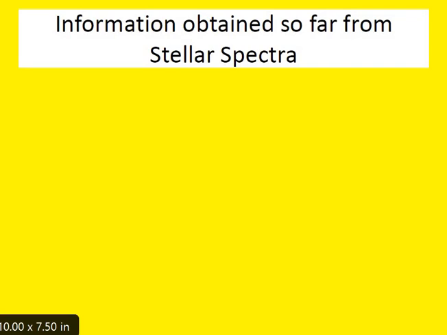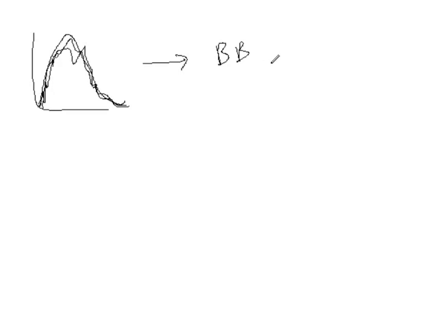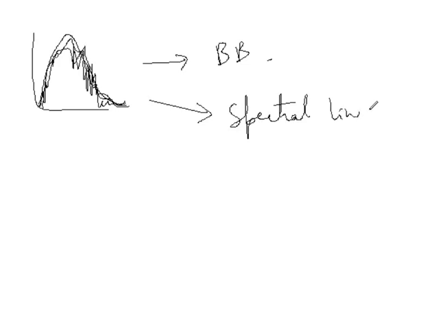From the overall nature we obtained a black body feature, and from these different spikes we obtained information about the spectral lines, the absorption spectra, which tell us about the various spectral lines of the elements.